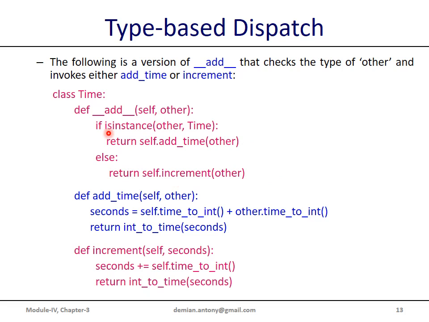And to check whether the parameter is of type time, we have a built-in function called isinstance. If this parameter is an instance of Time, then it returns true. It means we are going to add two time objects. One is an implicit object, that is self, and second is the explicit object. Otherwise we make a call to the function increment, which takes the argument other, which represents the number.